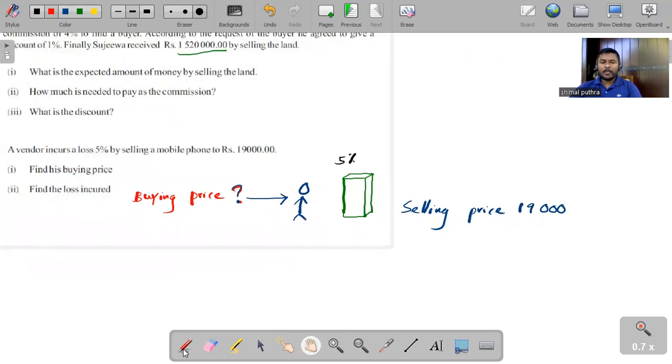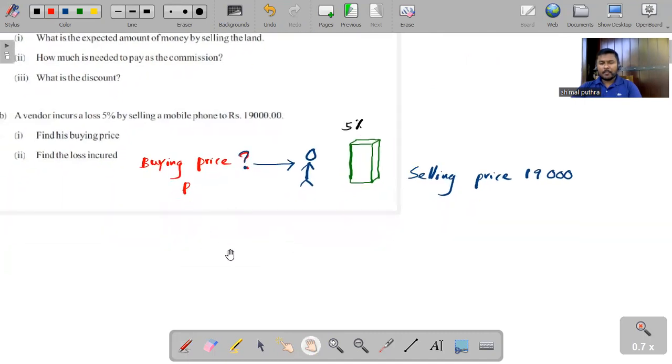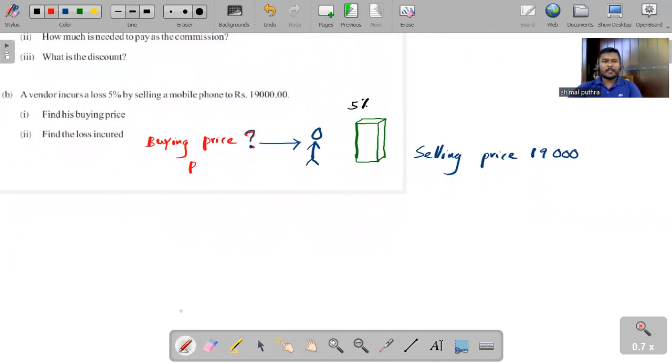I will take this buying price as P rupees. So from the P rupees, I had to sell this one at 95% because I lost 5%.